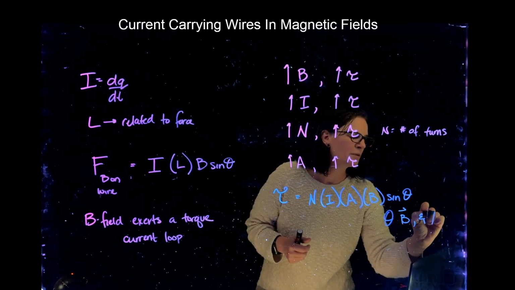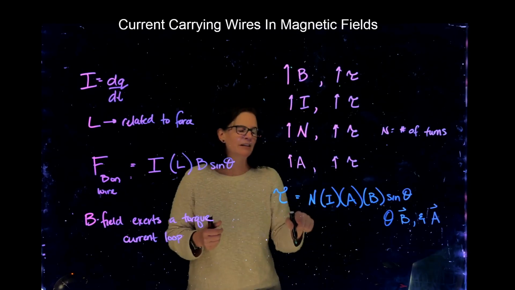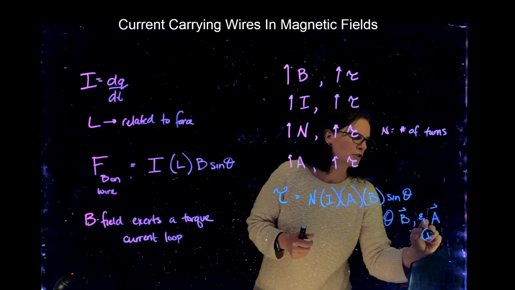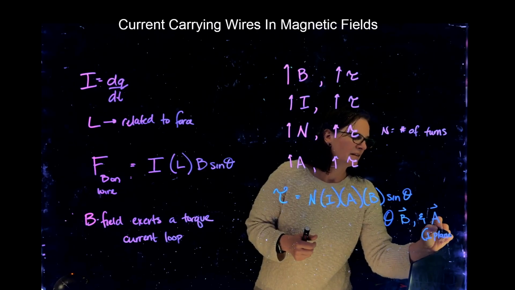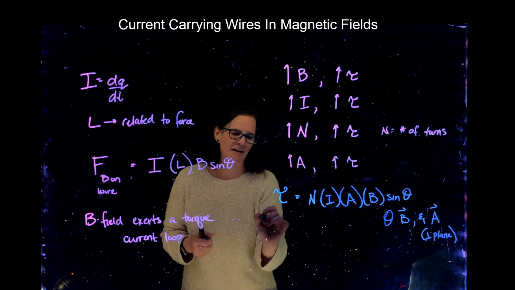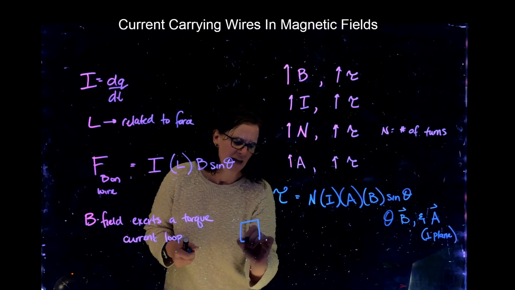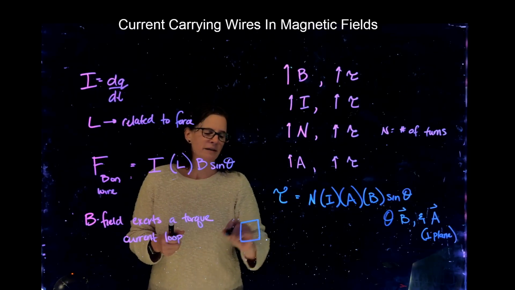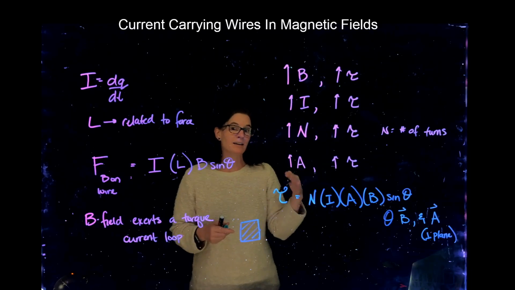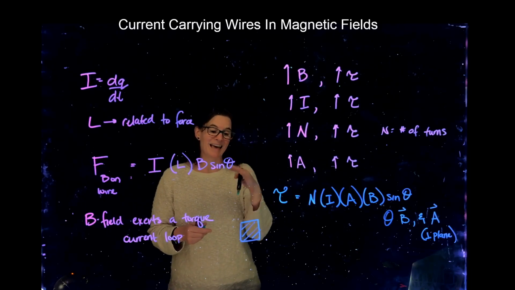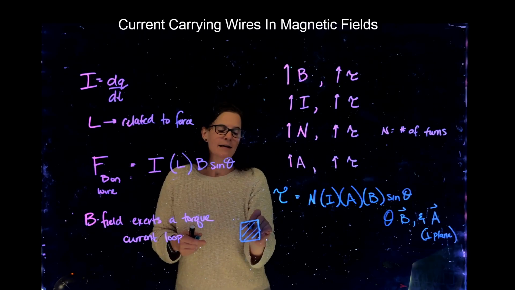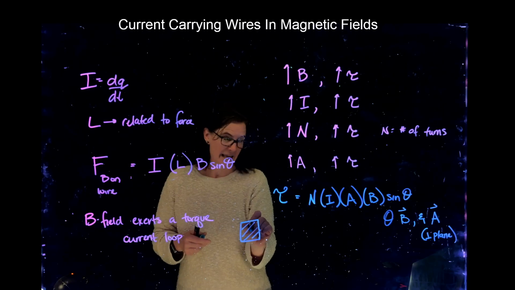So it's the magnetic field and the area, but perpendicular to the plane that area makes. Okay? So you can imagine if I have an area that's a rectangle in the plane of this board, the angle that we care about between that and the magnetic field is going to be with the area vector, which is perpendicular to this plane, okay?